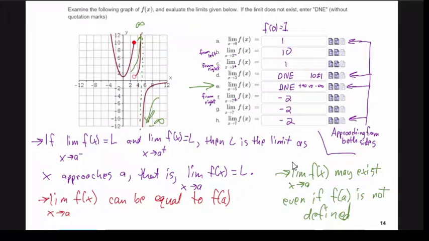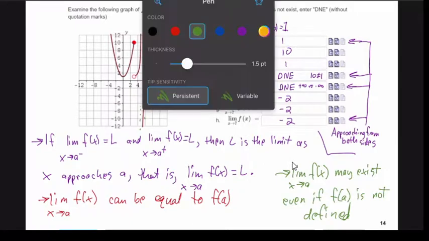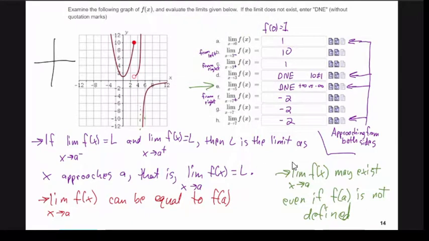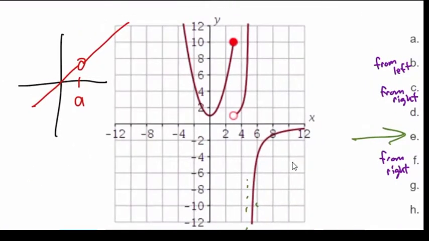Or I could have a hole like I've seen before. So I could have had another graph like this, where there's some gap. So my line is defined everywhere else. And so the limit, this is my a value. The limit as we approach the a value still exists. So let's just call this my b value.